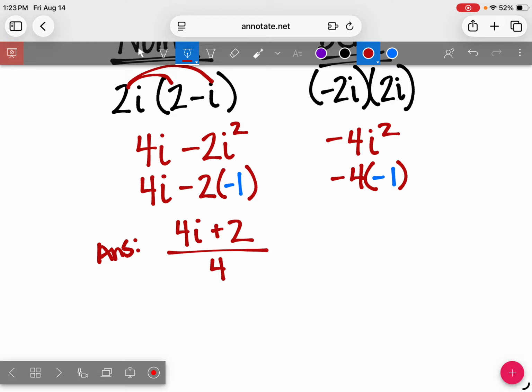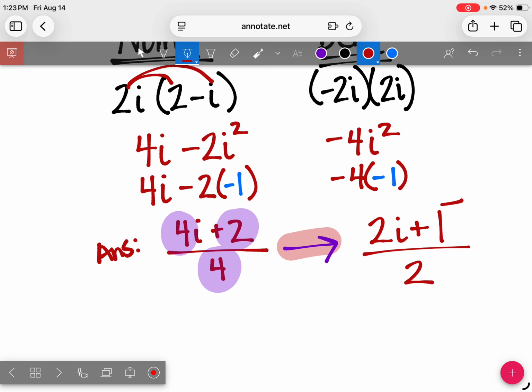There wasn't anything that could go into 5, 7, and 2. But here we can. We can divide these three numbers by 2, to get 4 out of 4. The answer I'm looking for is 2i plus 1 divided by 2.